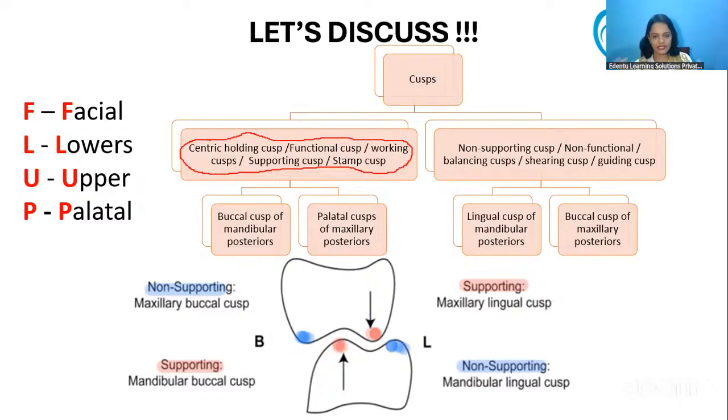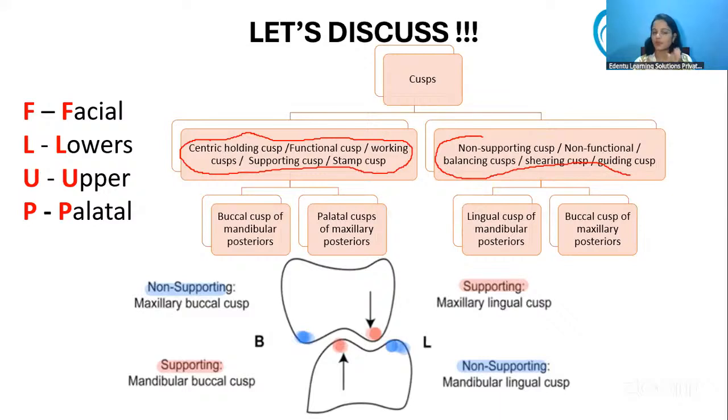Then we have the other type of cusp, known as the non-supporting cusp, or non-functional, or balancing cusp, or shearing cusp, or guiding cusp. These are all the other names for the non-supporting cusp. So we have the supporting cusp and the non-supporting cusp. Which cusps are usually regarded as supporting and which as non-supporting?